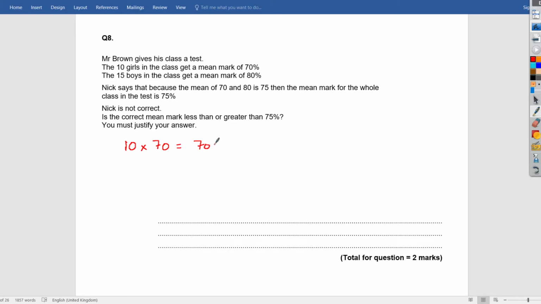Call that 700%. And then 15 boys, each scored 80%, mean mark was 80%. So 15 times 80%: 10 times 80 is 800, half that is 400, so 1200. So that's going to be 1200%.